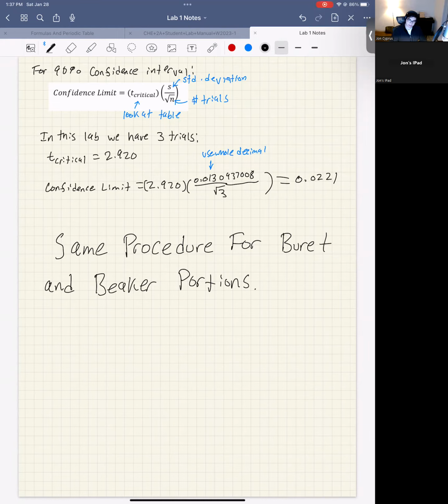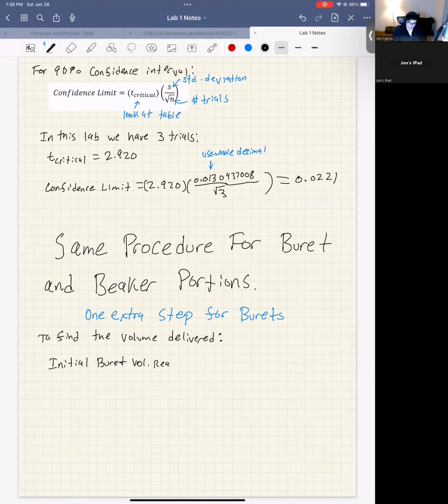Now there is one extra step for the burettes. For the burettes, to find the volume delivered, you must do your initial burette volume reading, which should be in milliliters.